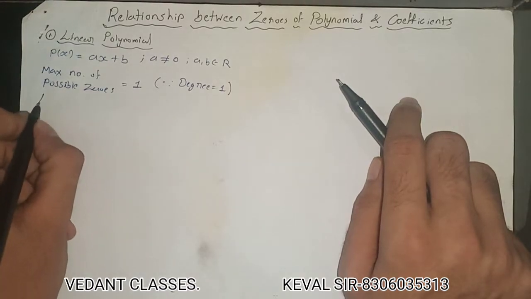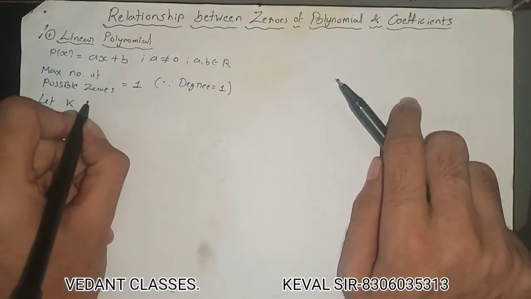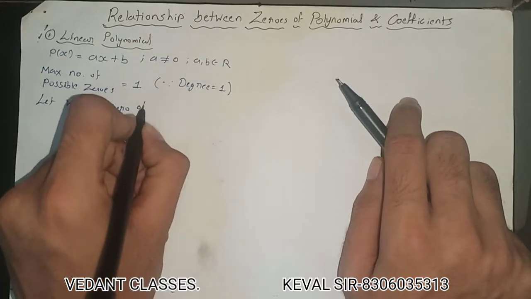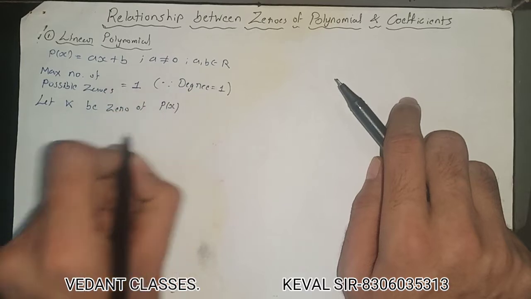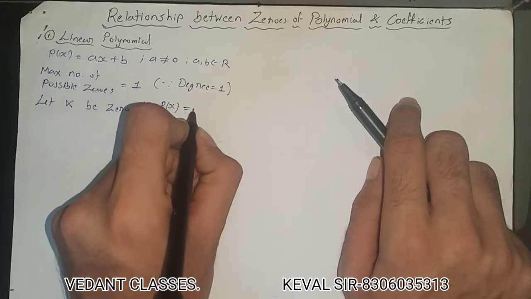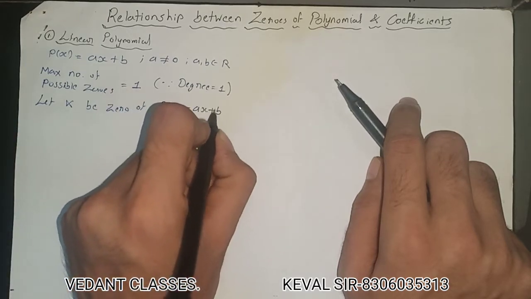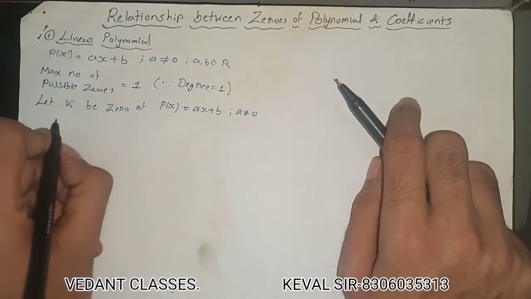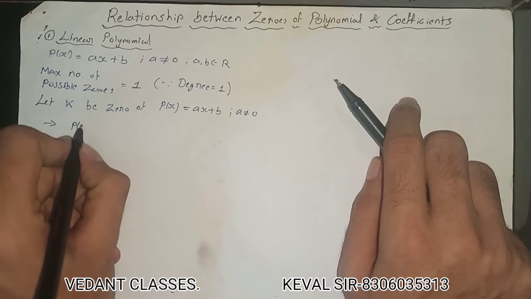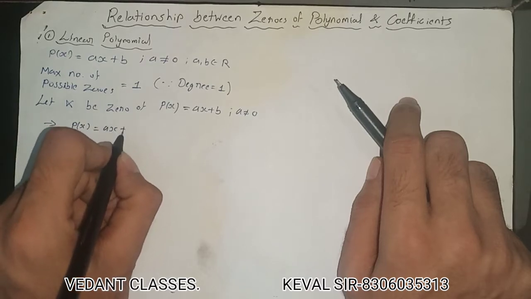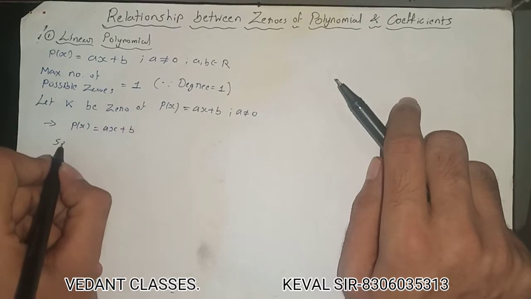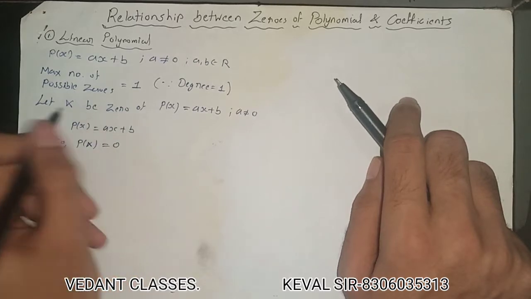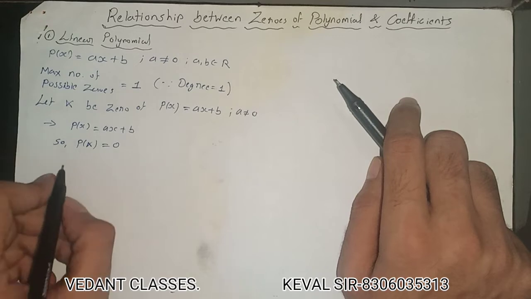Now let alpha be a zero of p of x, that is ax plus b, where a is not equal to 0. So if p of x is equal to ax plus b, then p of alpha is equal to 0, because it is a zero of the polynomial, so it will make this entire polynomial 0.